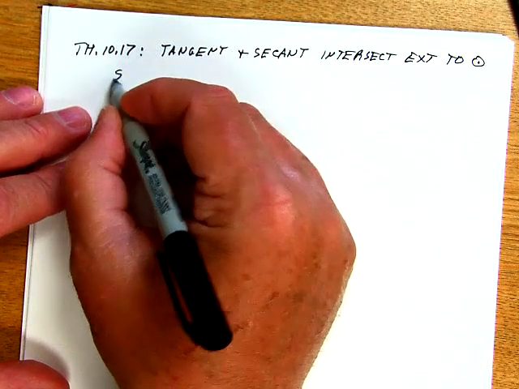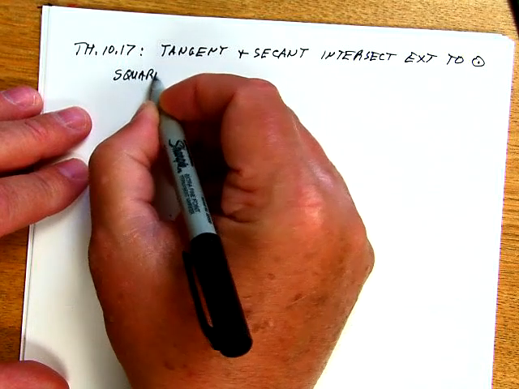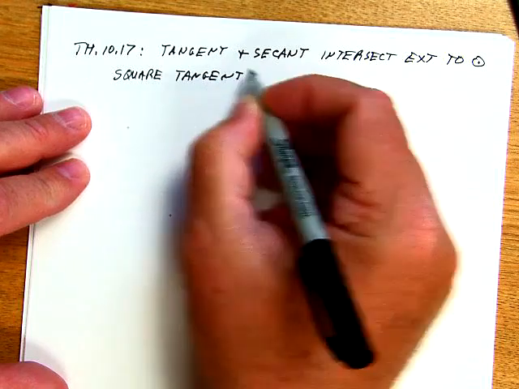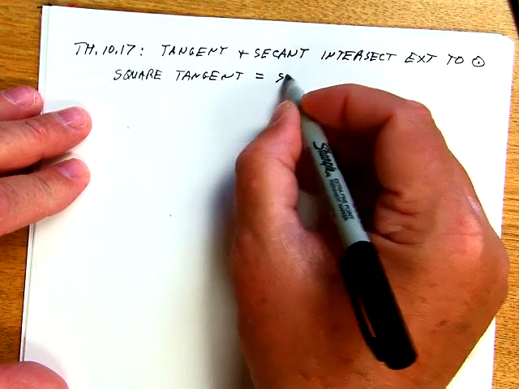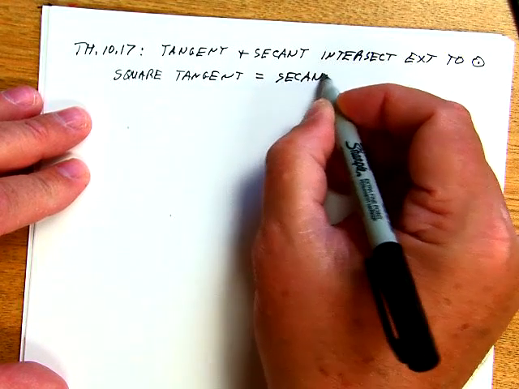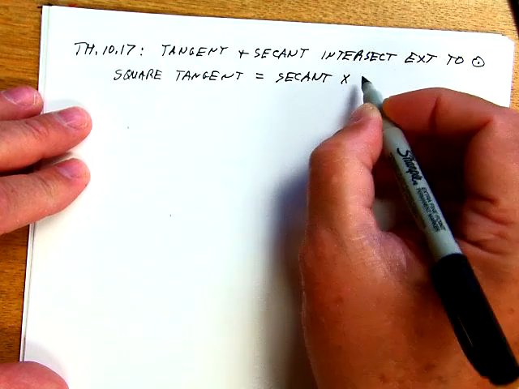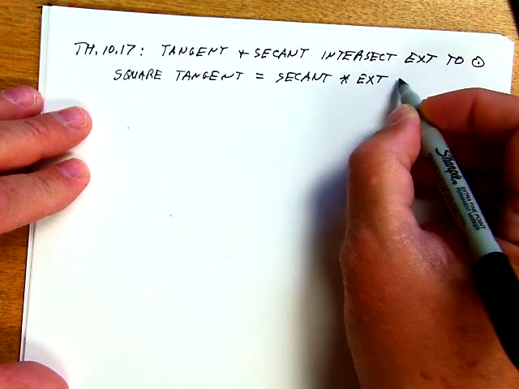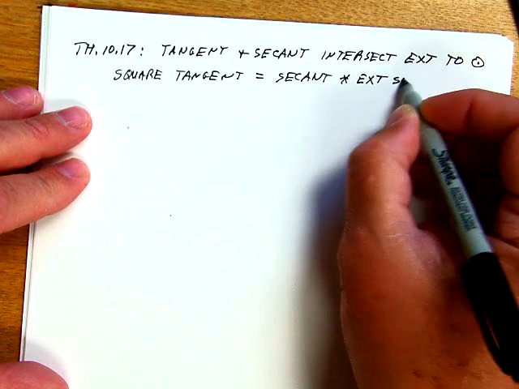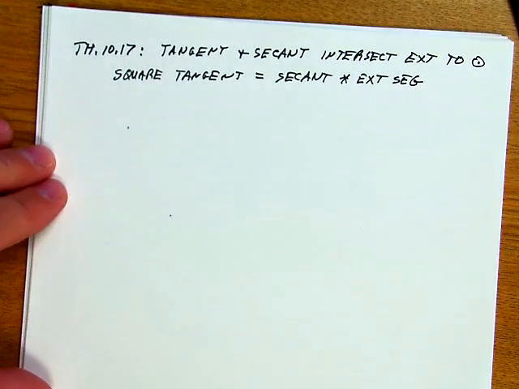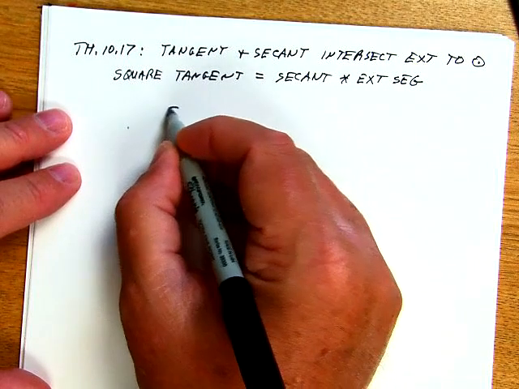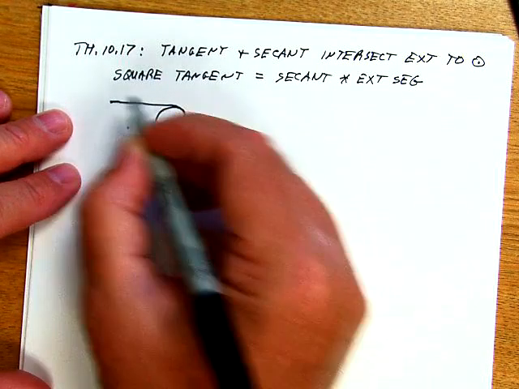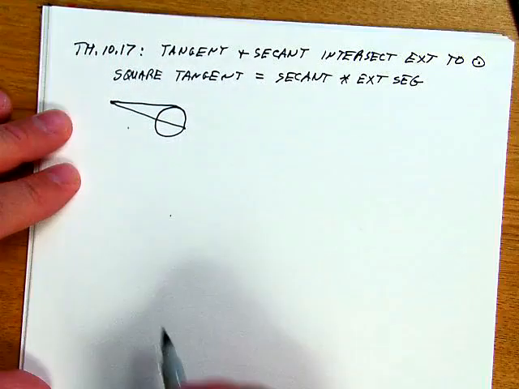The square of the tangent equals the length of the secant times its exterior segment. And again, let's draw that picture. Here is my circle, here is my tangent line, and here is my secant line.